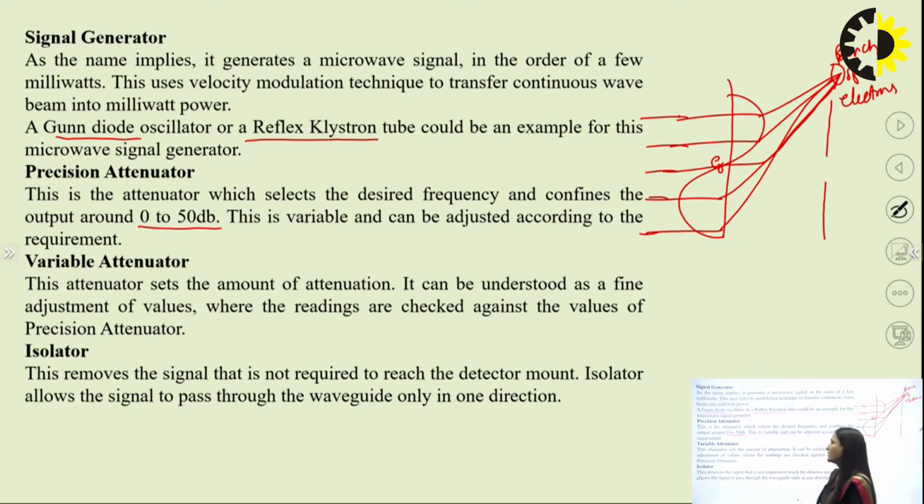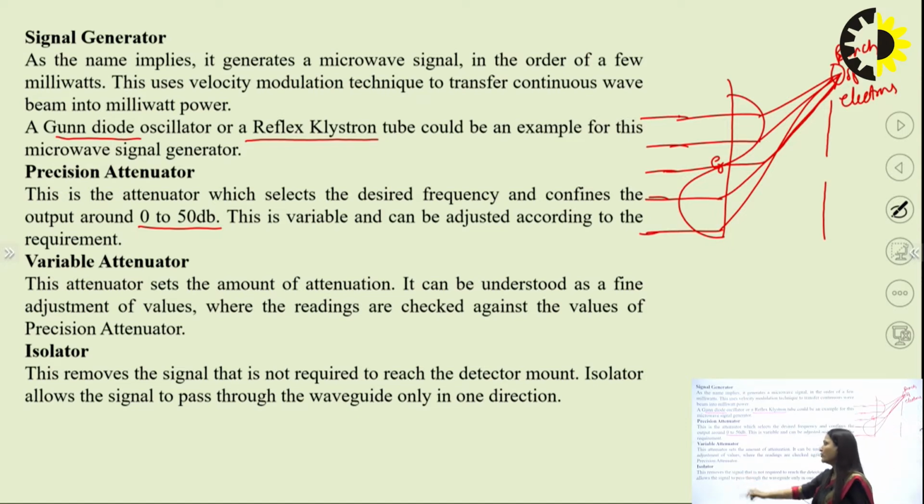This attenuator sets the amount of attenuation. It means how much attenuation you want to provide into your system. It can be understood as a fine adjustment of values where the readings are checked against the values of the precision attenuator. So we can move the variable attenuator to provide attenuation.